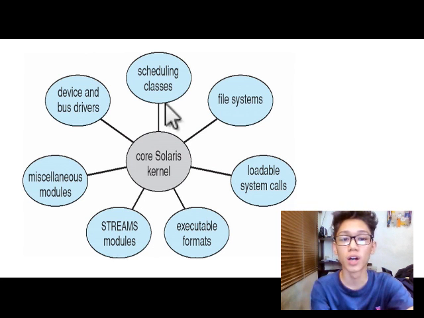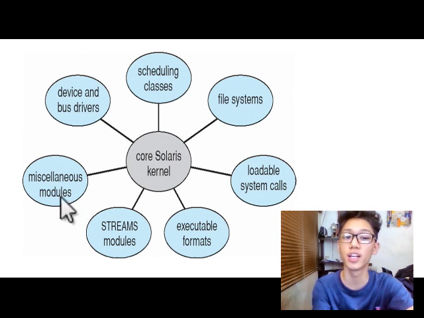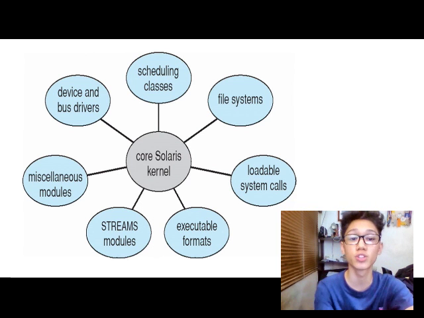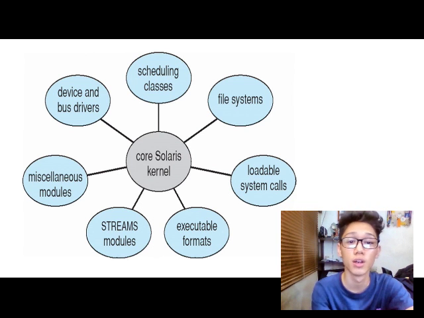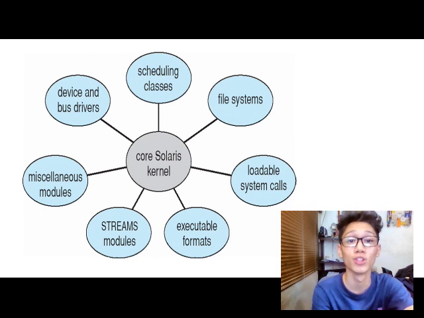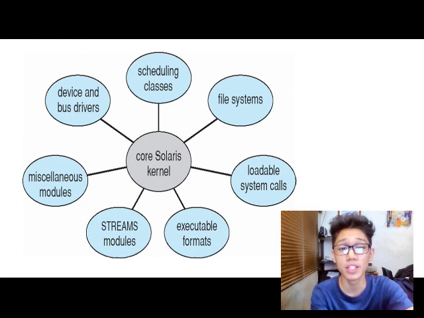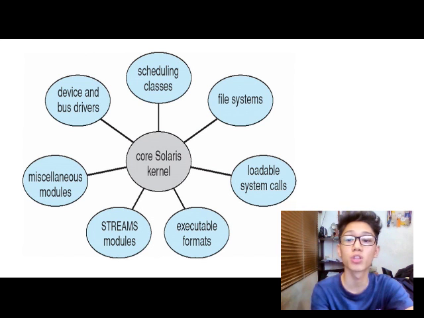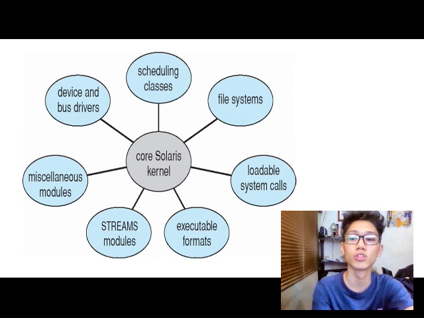Around the core Solaris kernel are a set of core components and links to additional services through modules. These components are called loadable kernel modules. Namely, these are scheduling classes, file systems, loadable system calls, executable formats, streams modules, miscellaneous modules, and device and bus drivers.